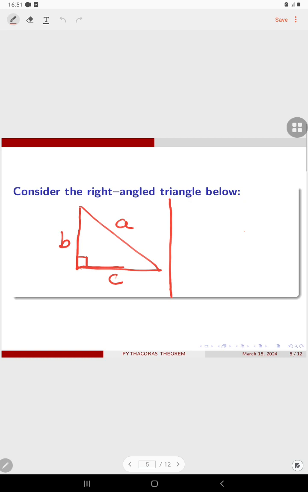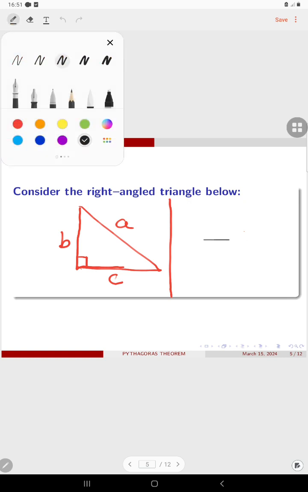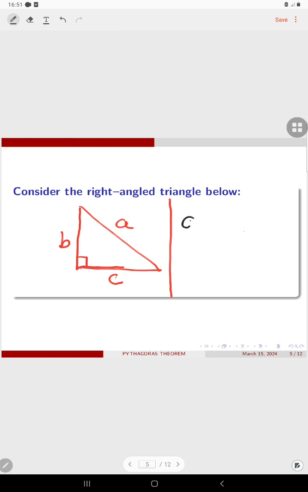What is the hypotenuse? The hypotenuse is A. So A squared should be equal to the other two sides. You square them, you sum them. So that is how you apply the theorem here. I hope we are following.